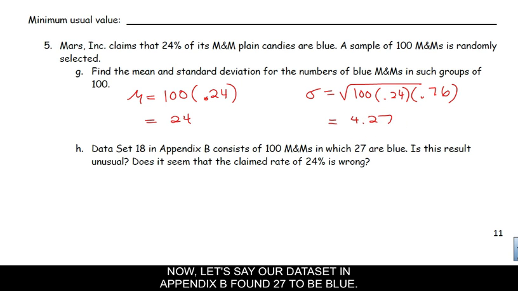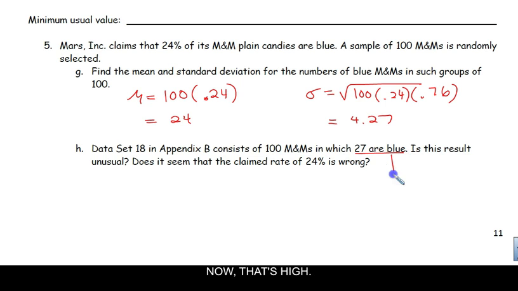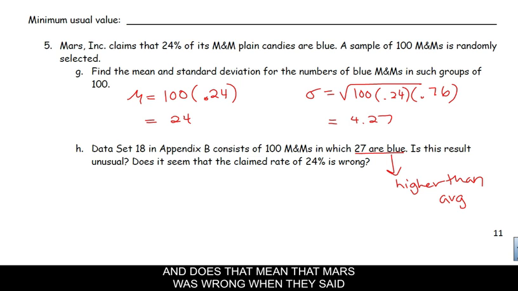Now let's say our data set in Appendix B found 27 to be blue. Now that's high. It's higher than the average, but is it unusual? So the question is, is it unusual? And does that mean that Mars was wrong when they said 24% of their candies are blue?